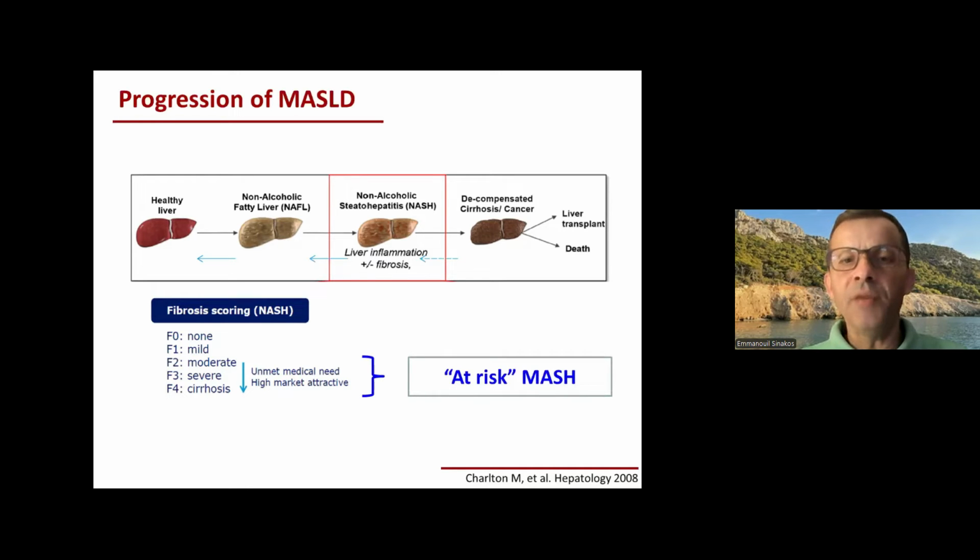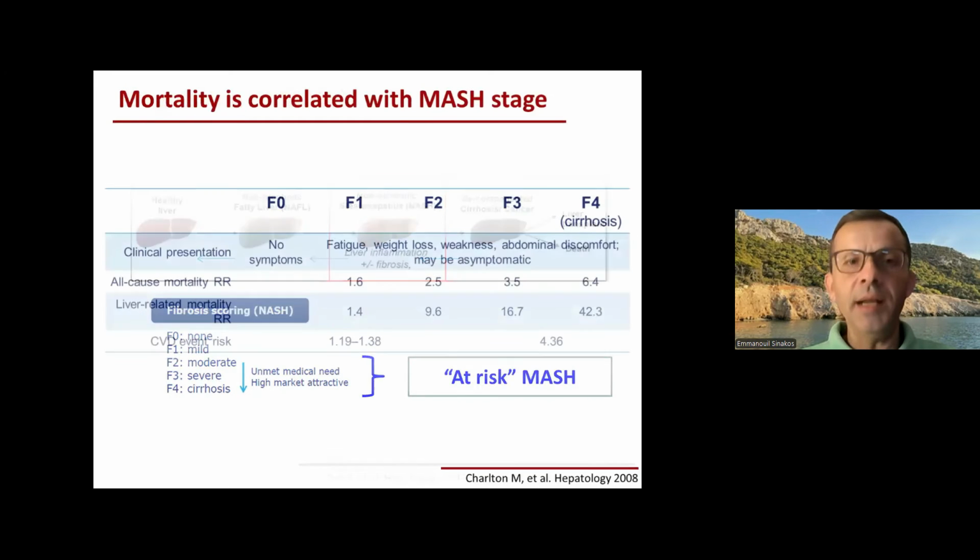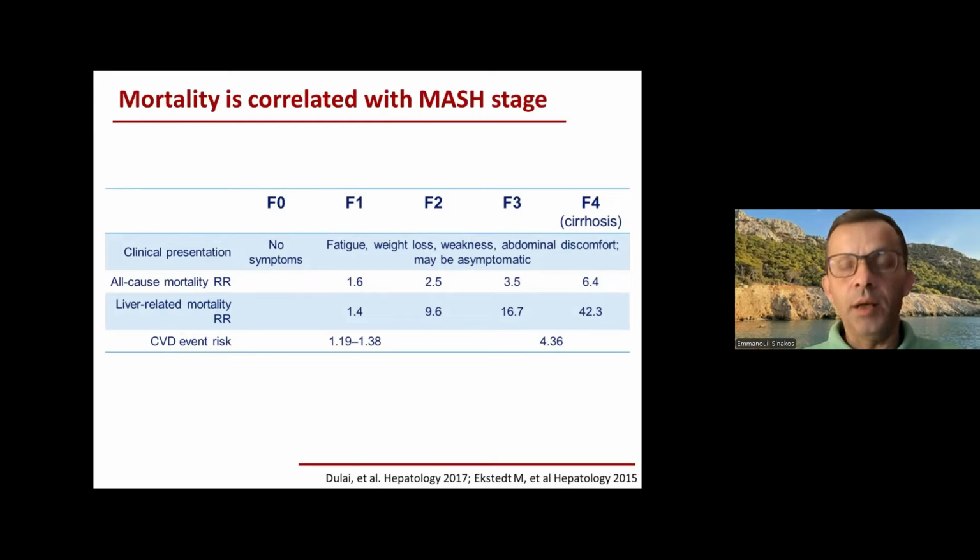We have to distinguish which patients are at risk, and this is done by stratifying them along the fibrosis range, which goes from F0, no fibrosis, up to F4, which is cirrhosis. This is mainly done with non-interventional methods that I will show you in a minute.